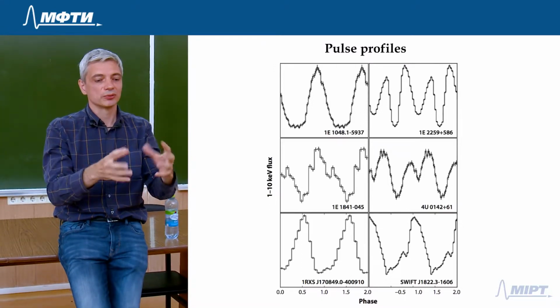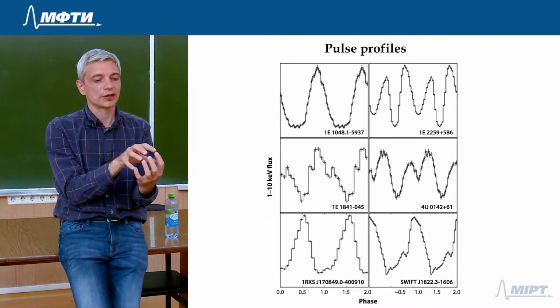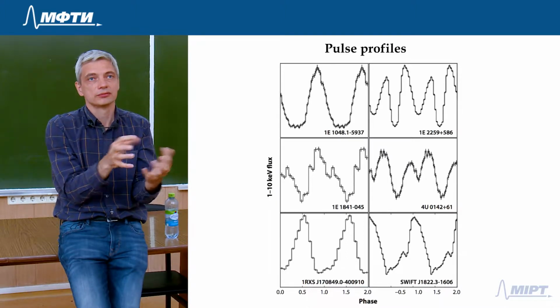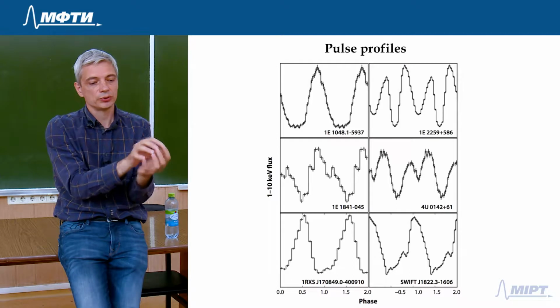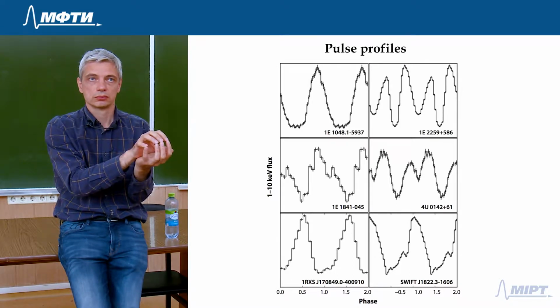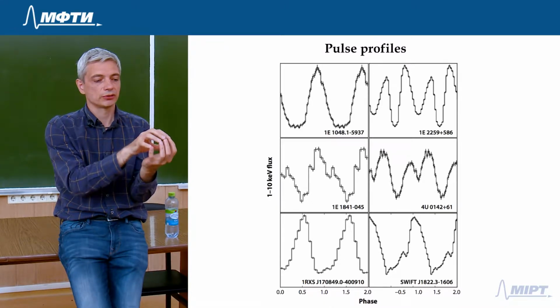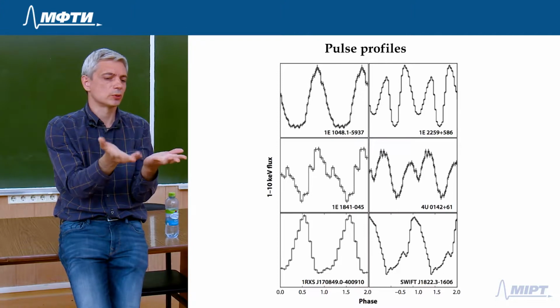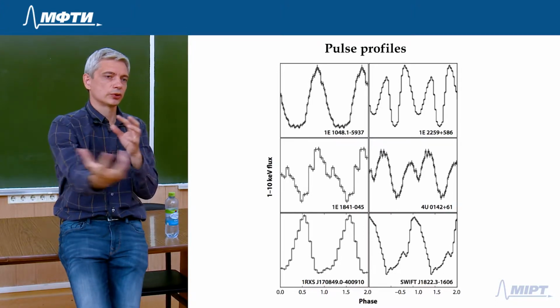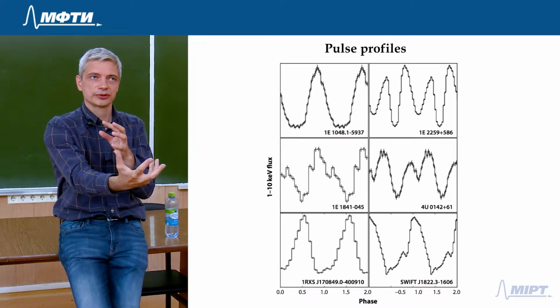But the simplest model would be, okay, you have a neutron star which radiates like a black body from the surface, and it cannot be uniformly hot, right? So if you see a pulse, you would say, okay, there is a hot spot. So how would you interpret this change in pulse profile? Now the hot spot is in a different place.